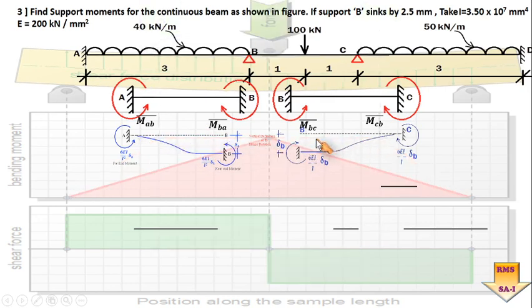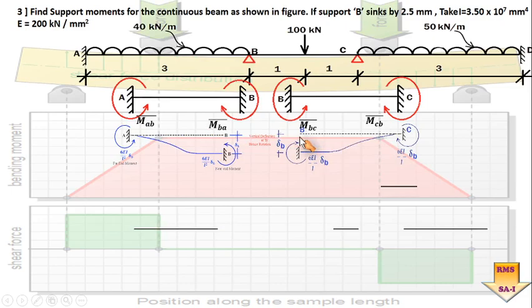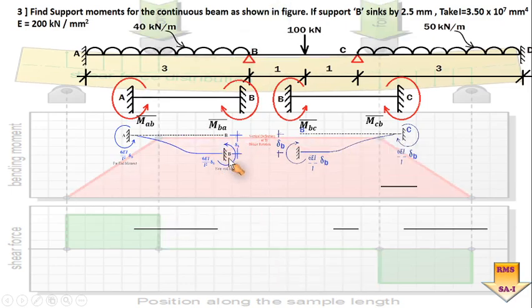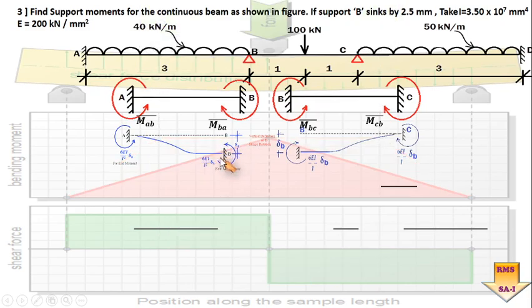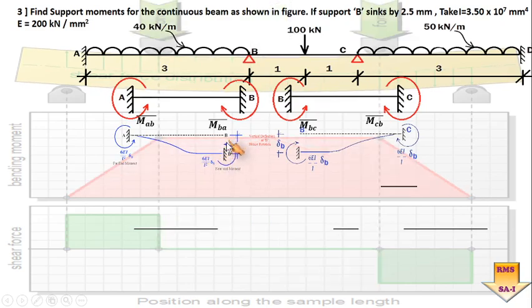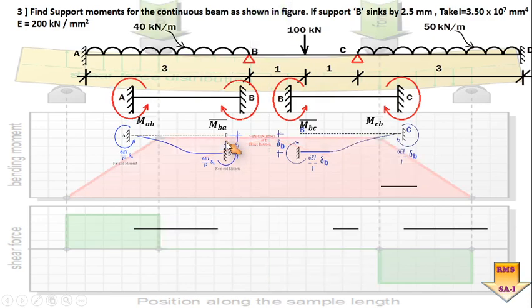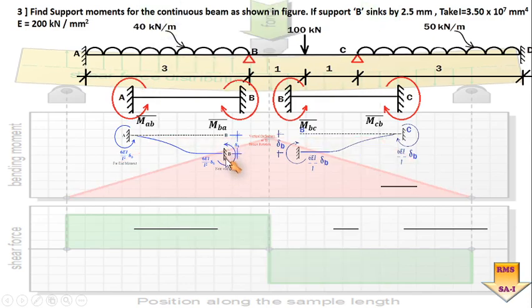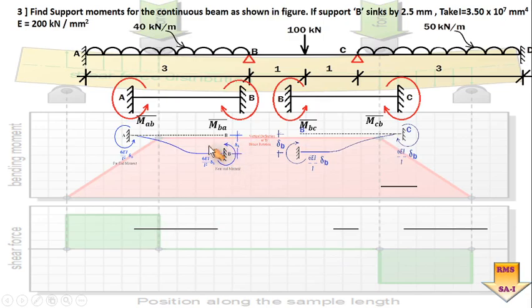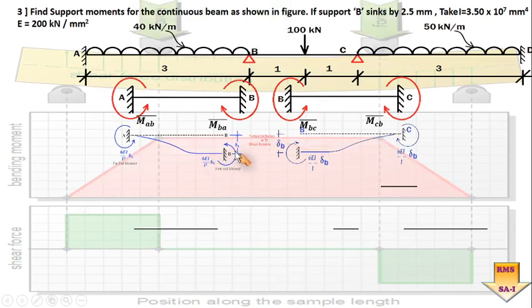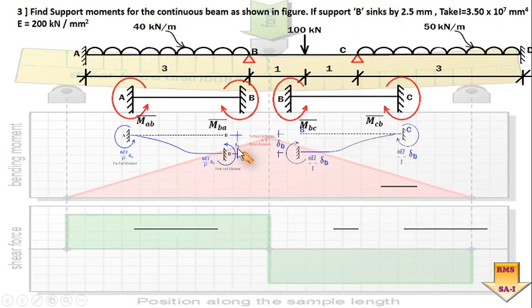Similarly on the right hand side we can see the sinking effect for the span BC. So due to sinking, the effect is the introduction of a moment about that individual joint. As B is moving in the downward direction, a moment induced is equal to 6EI delta by L square, and delta is delta B.